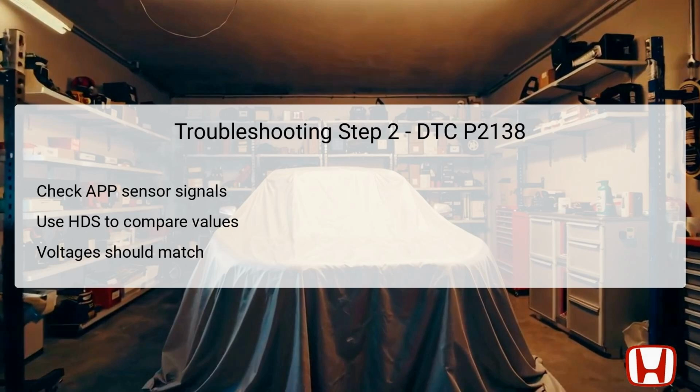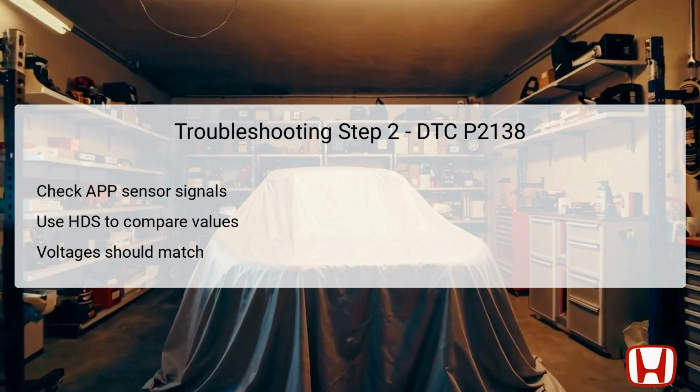If the voltage values for both APP sensors match precisely, the issue may lie elsewhere in the system. Conversely, if the voltages differ significantly, it indicates a problem with the accelerator pedal module itself, suggesting that one or both sensors are malfunctioning and need replacement. This step is vital in isolating the failure area, leading to an effective resolution.